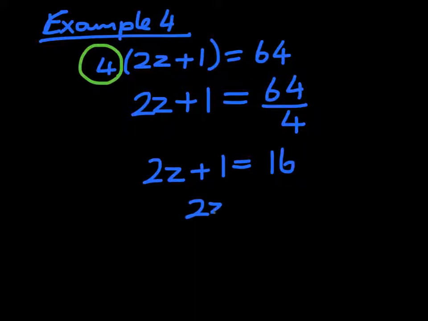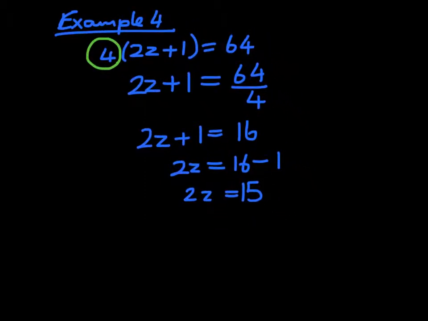And 2z equals 16 minus 1. So we have 2z equals 15. And then we have z equals 15 divided by 2, 7.5. It's the same answer as we got in the previous example. So we have two methods for dealing with a bracket in the equation.